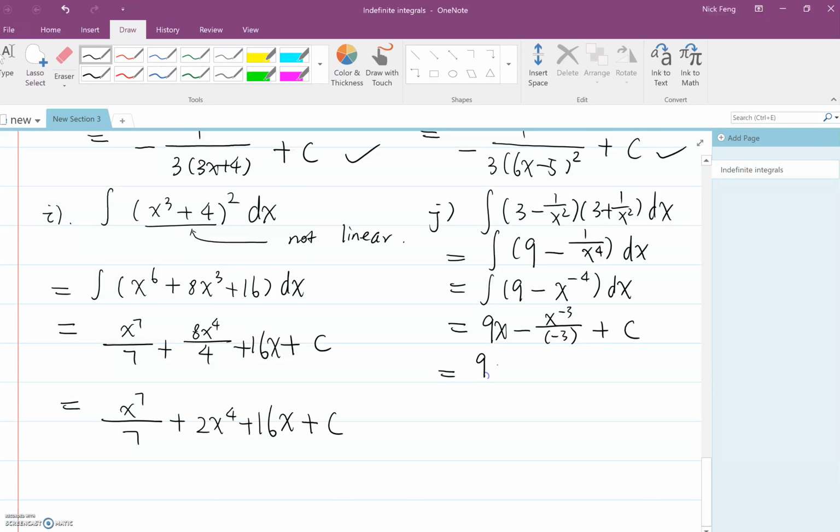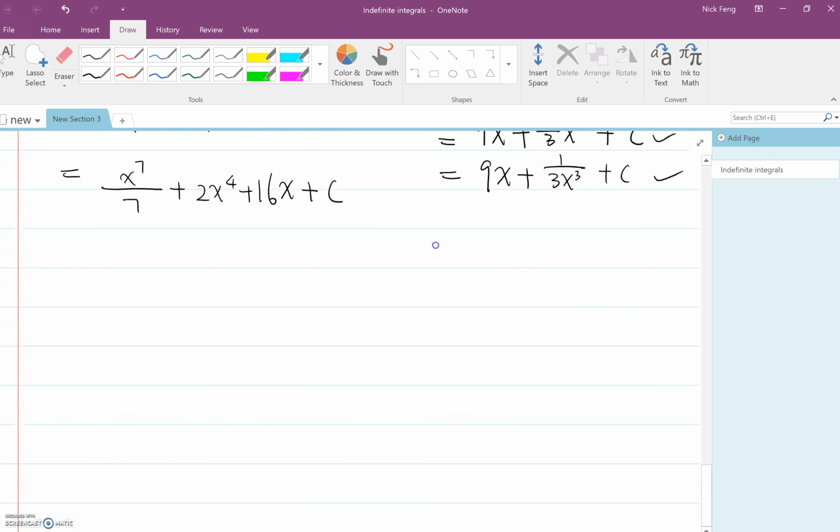And that will give us 9x plus 1/3 of x to the power of negative 3 plus c, because negative gives you the positive in here. Okay, and if you would like, you can change this back into the fraction form. Again, both of them are correct, so don't worry about that. One is not simpler than another.